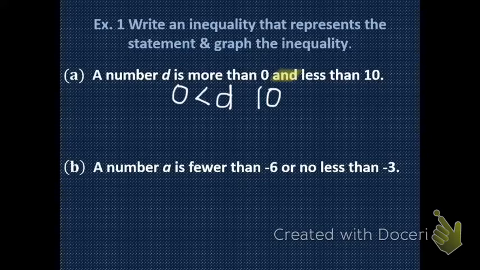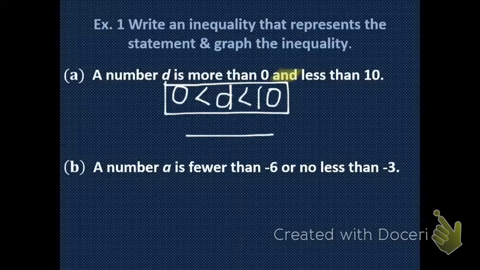So what's my other inequality symbol? Less than, okay? So D is less than 10. Again, double check yourself. Once you put the symbol down, read it. Does it read D is less than 10? And this is your compound inequality. Now let's graph it. If you've written the inequality correctly, then dropping the numbers down on the number line should be easy.